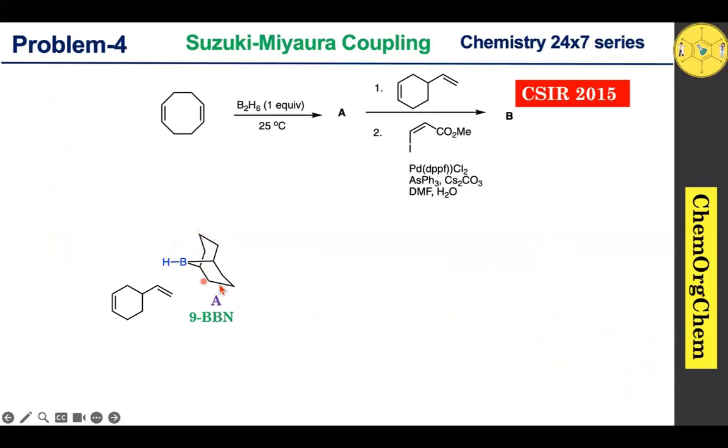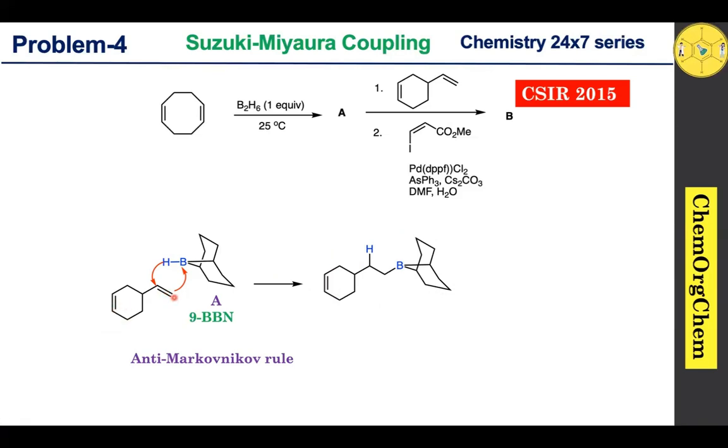Now you see this 9-BBN structure: this bicyclic ring system is a heavily sterically hindered system that restricts adding the boron unit to this particular carbon, which means this reaction follows anti-Markovnikov addition. So this hydrogen and this boron unit add across the double bond regioselectively. Hydrogen goes to this carbon, and the boron unit goes to the terminal carbon, which produces this corresponding intermediate.